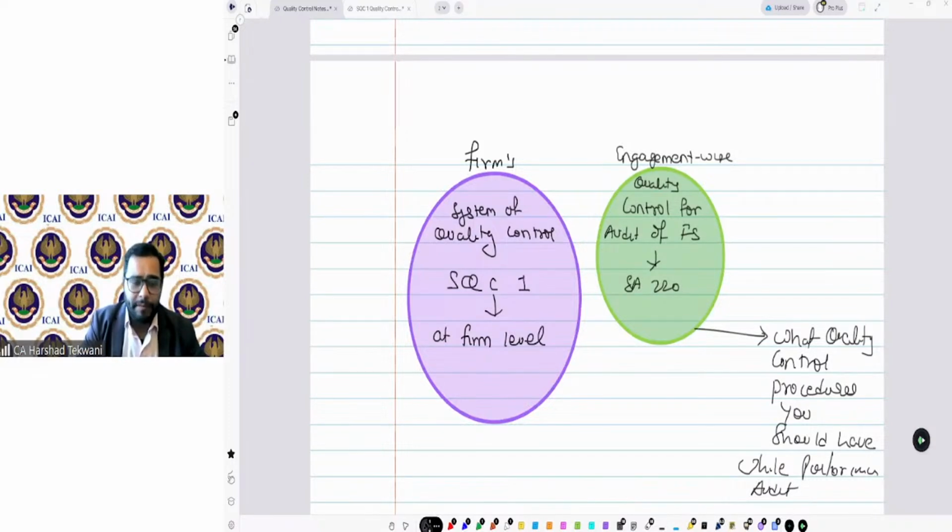So understand the difference between both. One side I'm talking about the firm, whatever engagements there are within the firm from the firm's point of view. On the other side, I'm talking about only one particular area, the engagement of audit.